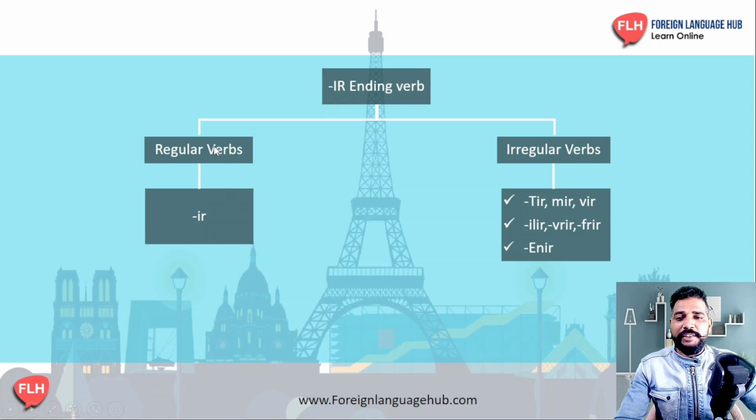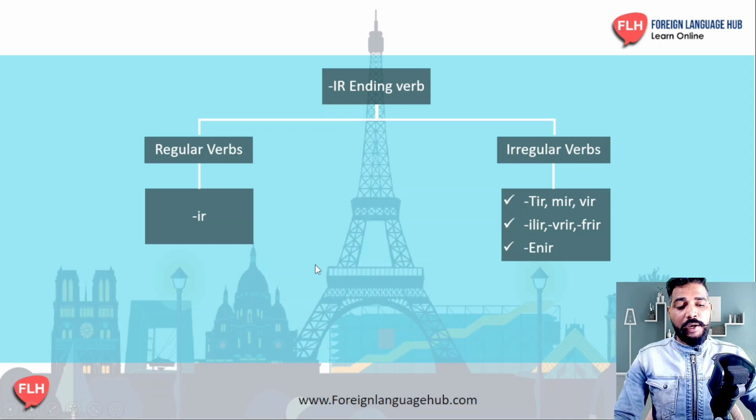The stem is the same for all the subject pronouns. But for irregular verbs, the stem will not be the same. It will keep changing. It's not necessary for all the groups, but there will be certain groups where the stem changes. So let's take an example of regular IR ending verbs.